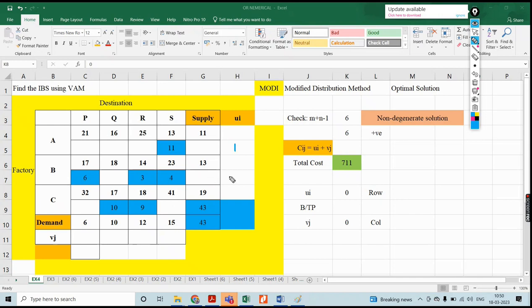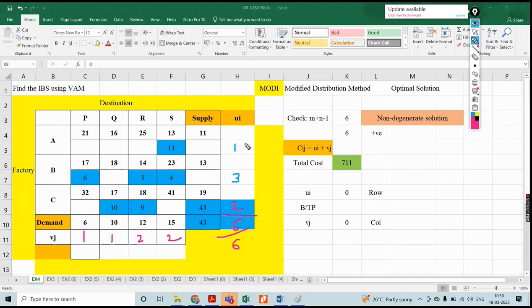In the second row? 3. In the third row? 2. What is the sum? 6 allocations. Similarly for the columns: 1, 2, 2. What is the total? Again it is 6.